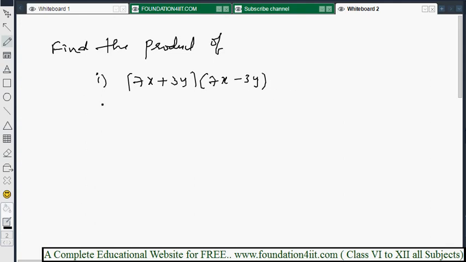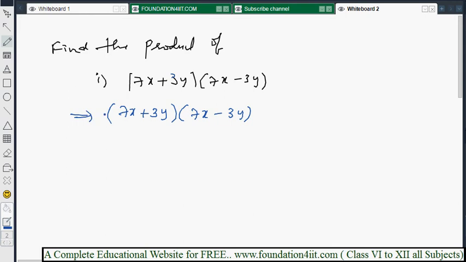First let me solve this. When you observe here, it is the product of sum and difference. Once you take positive, once you take negative, that is 7x plus 3y into 7x minus 3y.